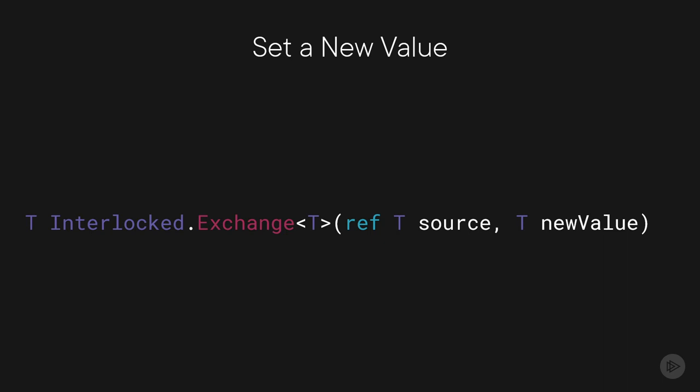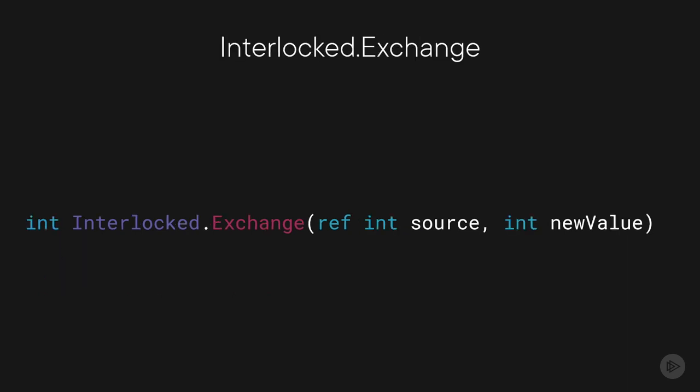This generic method allows you to exchange the value in a shared reference type and guarantee that no one else is exchanging at the same time. It will also return the original value. There's a non-generic version of the Exchange method as well. This you can use for integers and doubles.